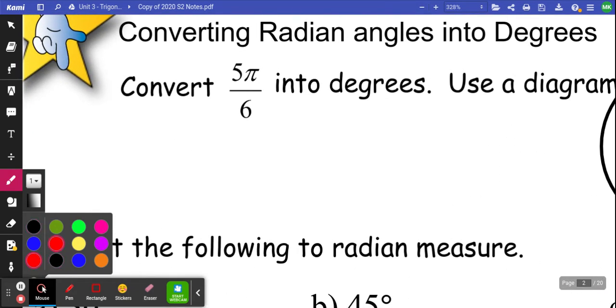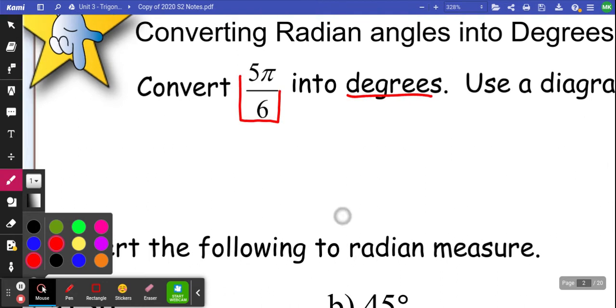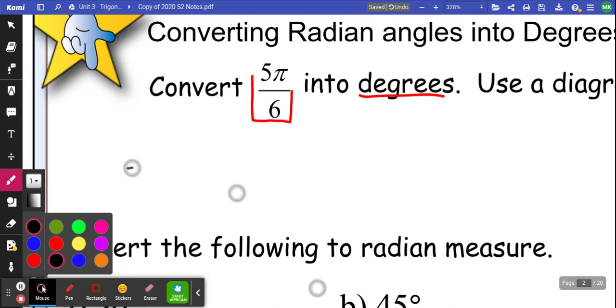Convert this into degrees. Always start with the fraction. 180 equals pi. Always starting like that. Degrees go with degrees, radians go with radians.